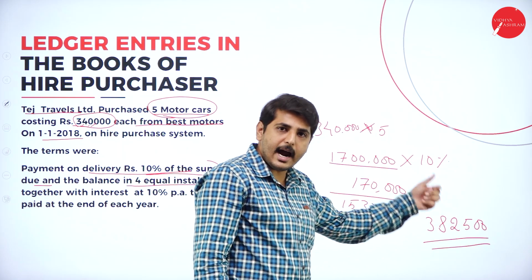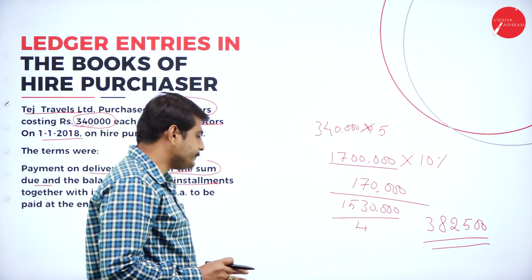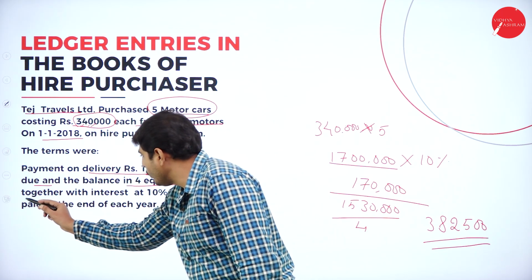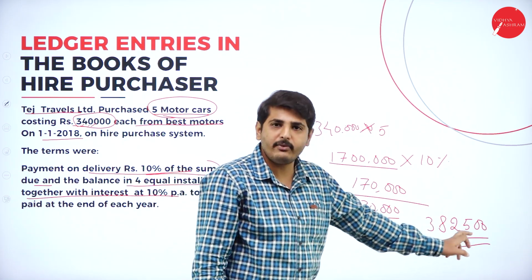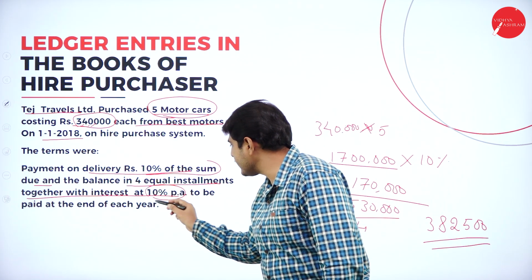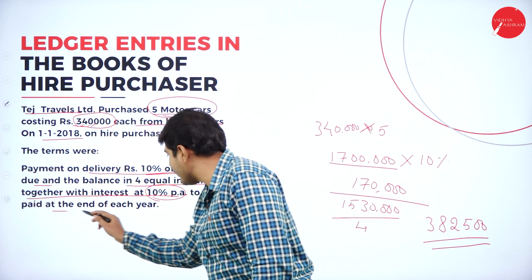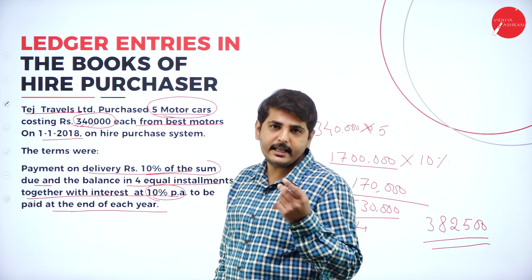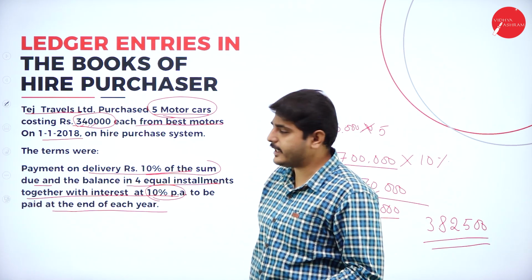So we have to add the interest for this, and make the installment. Interest at 10%, so for this amount we have to add 10% interest, and we have to make the installment to be paid at the end of each year. For how many years? 4 equal installments means 4 years. 3 installments means 3 years we have to make the payment. Let's go to the next slide.